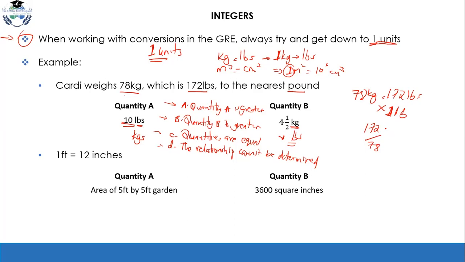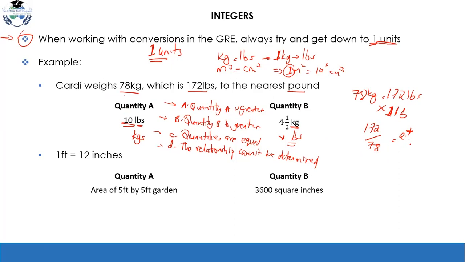Divided by 78, it's going to give you about 2 point something, because 78 plus 78 is about 156. So you know it's 2 point something. You don't actually have to get the exact amount. The good thing about GRE for these types of quantity comparisons is you don't usually have to find the exact decimal amount, so it saves time whenever you are doing a division like this.